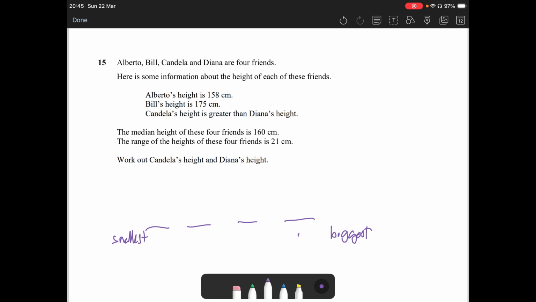I don't know. So let's think range-wise. Range 21. Let's presume Bill is the tallest. If I took away 21, I would get 154, which is shorter than Alberto, which would make sort of Candela.